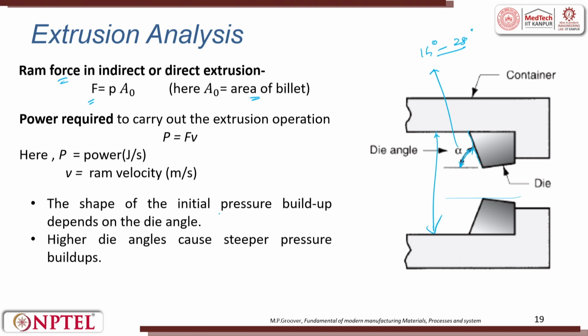The shape of the initial pressure build up depends on the die angle. If you have a die angle more and more, there is a smooth flow of material. If it is a sharp one, then there is a sudden cross section variation, so it tries to hamper the pressure. So, the shape of the initial pressure build up.